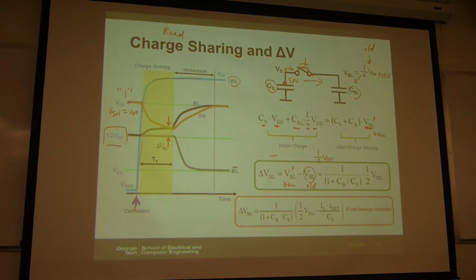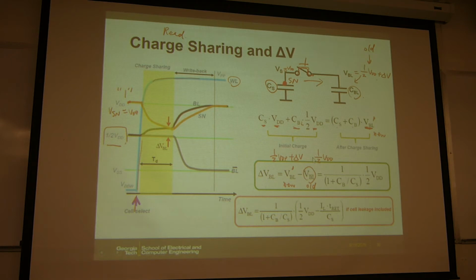And the new one will be half VDD plus some delta V. And you can solve for this delta V. If you do that, then this is the solution. Basically you just rearrange those terms. I will skip that. From this equation, you solve for VBL prime, and then use VBL prime minus the initial half VDD. Then you get this equation.